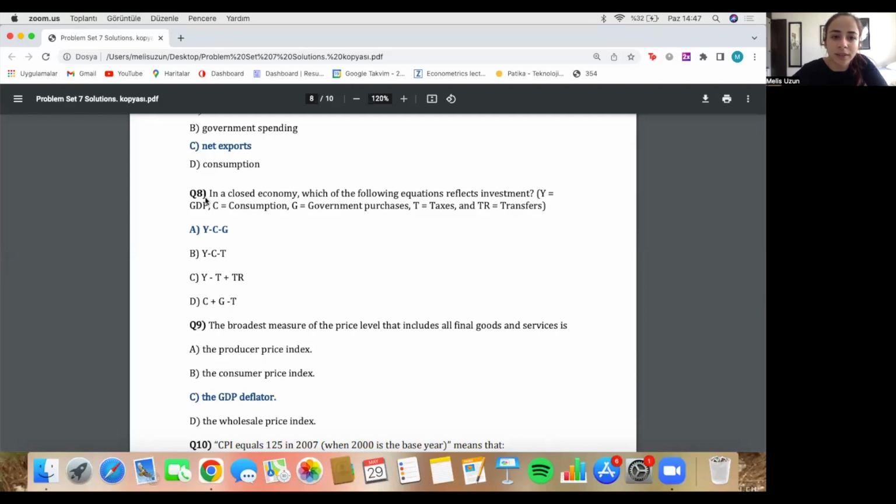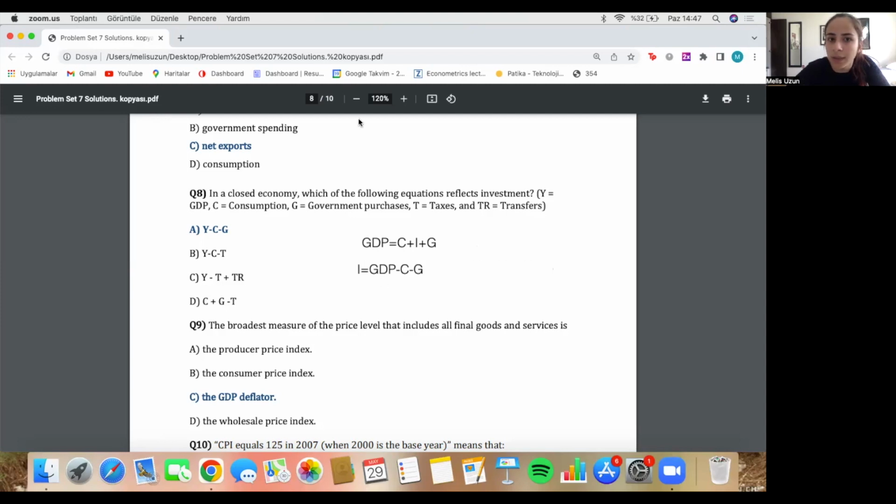Let's look at question 8. It says, in a closed economy, which of the following equations reflects investment? Like I said earlier, GDP in a closed economy is equal to consumption plus investment plus government spending. So if we leave investment alone, it is GDP minus consumption minus government expenditure.